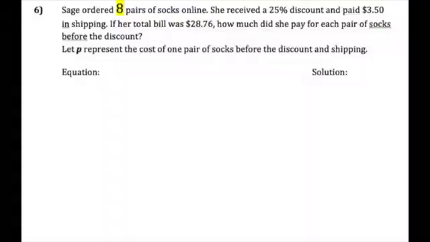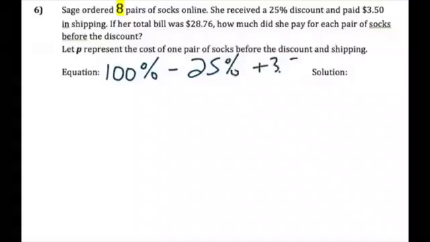Okay, we're going to look at two different ways to set up this equation. The first way to think about it is we have 100% for the socks minus the 25% discount plus $3.50 in shipping, and that's going to equal $28.76.